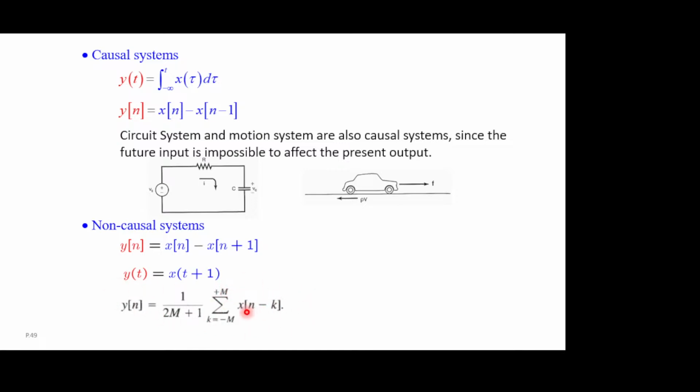Then this is also not causal. So you see that there are non-causal systems we also care about. Say you have a computer program processing your videos. Because you are processing your video, you may look ahead in time and back in time. Then that's not causal in terms of the time step of your video.